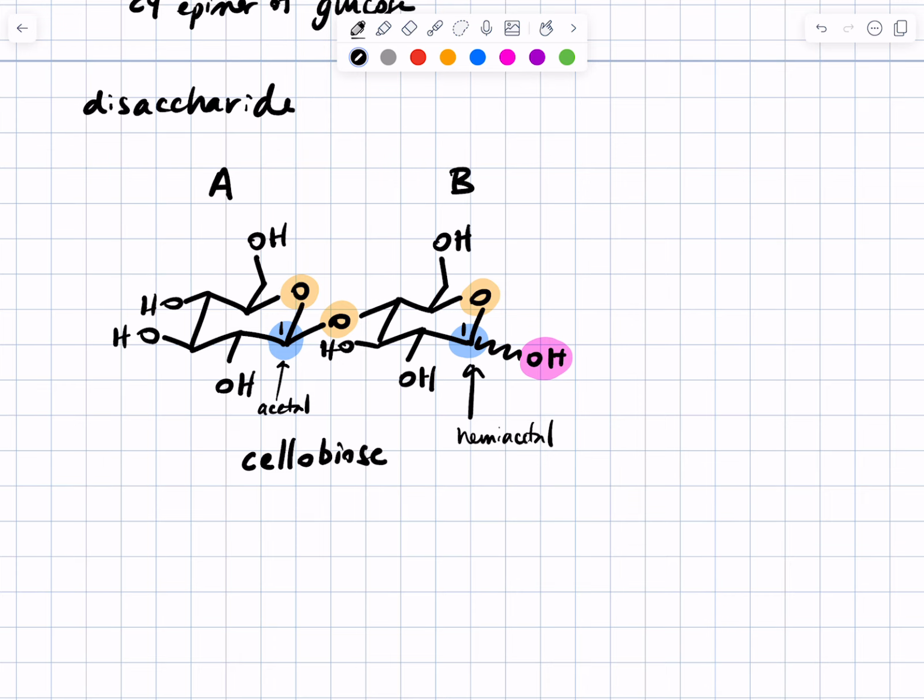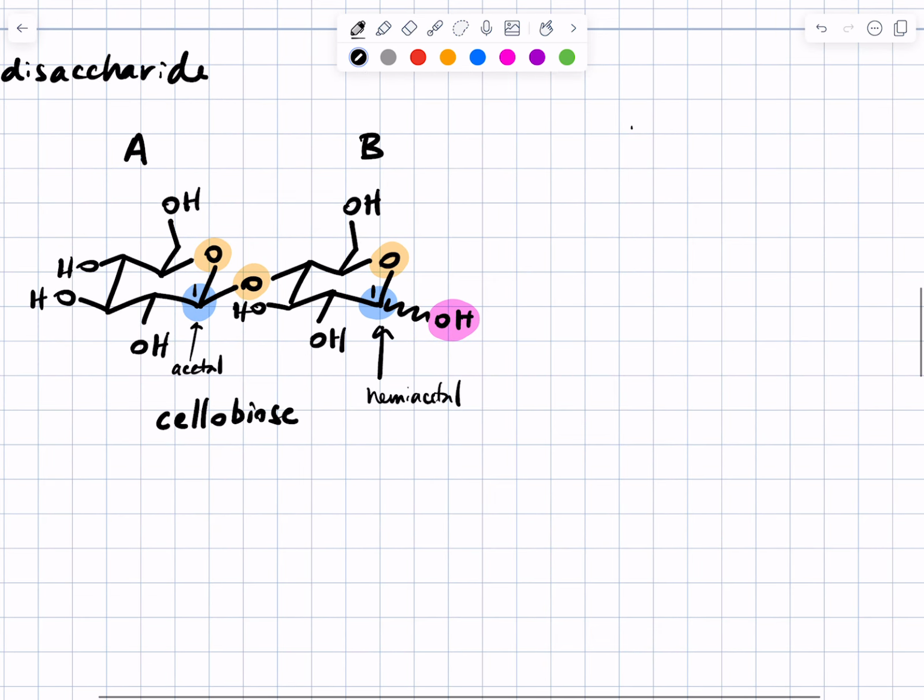Good. Sugars that have a hemiacetal are called reducing sugars. You'll hear that term sometimes. It's kind of an old-time term. Reducing sugar means a sugar with a hemiacetal.